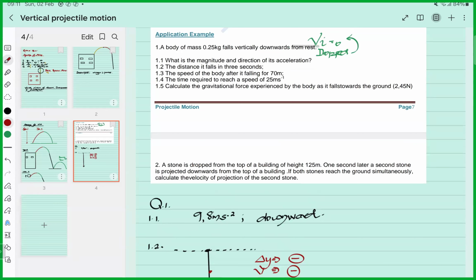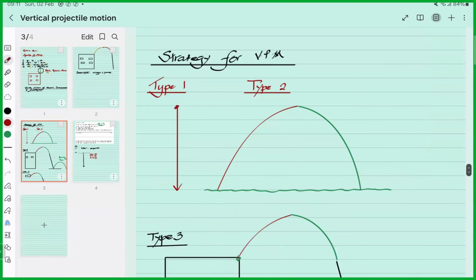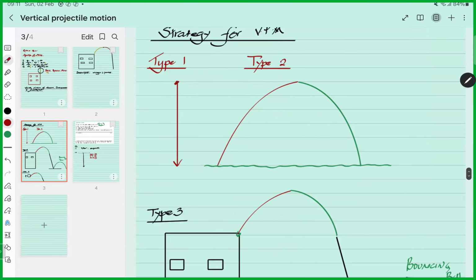Right, so some learners may be wondering, so when is our displacement positive then? Very simple. Your displacement is positive when the object is projected above its starting position. So here, in this example, in a type 2 question, all your displacements are going to be positive because there's your starting level, and this object is always above the starting level.